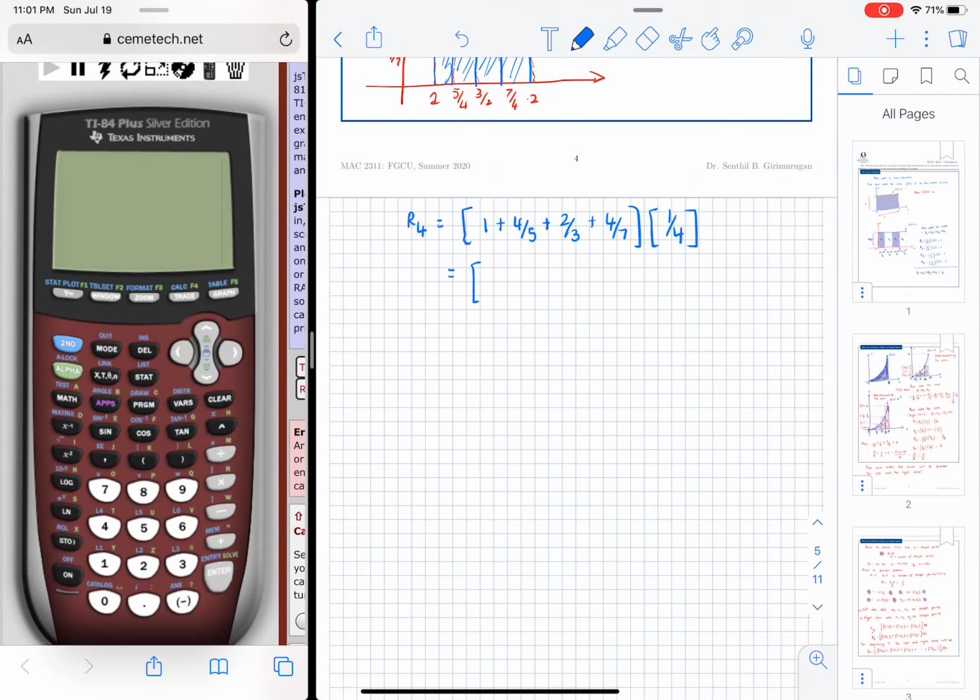So if we add everything together, we have 15/15, 12/15, 10/15, plus 1/5.